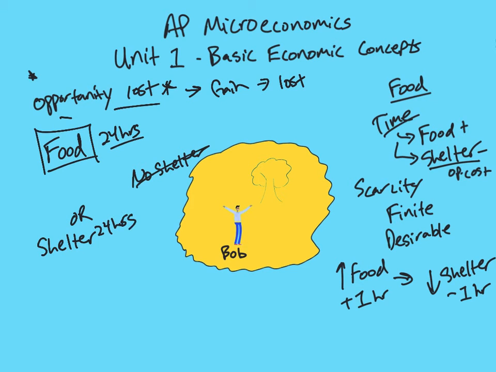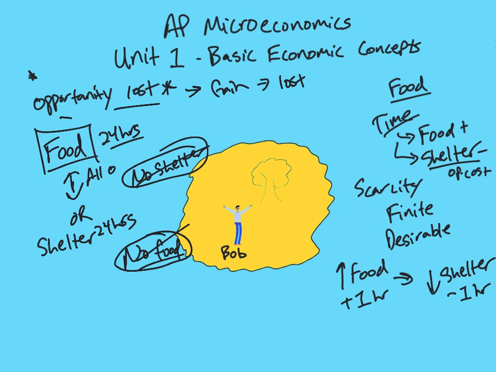And that means that he has no food. Both of those have very big opportunity costs, right? No food is not a good situation, and no shelter is not a good situation. You're giving up all of your shelter or you're giving up all of your food. And so this is an all or nothing sort of decision.